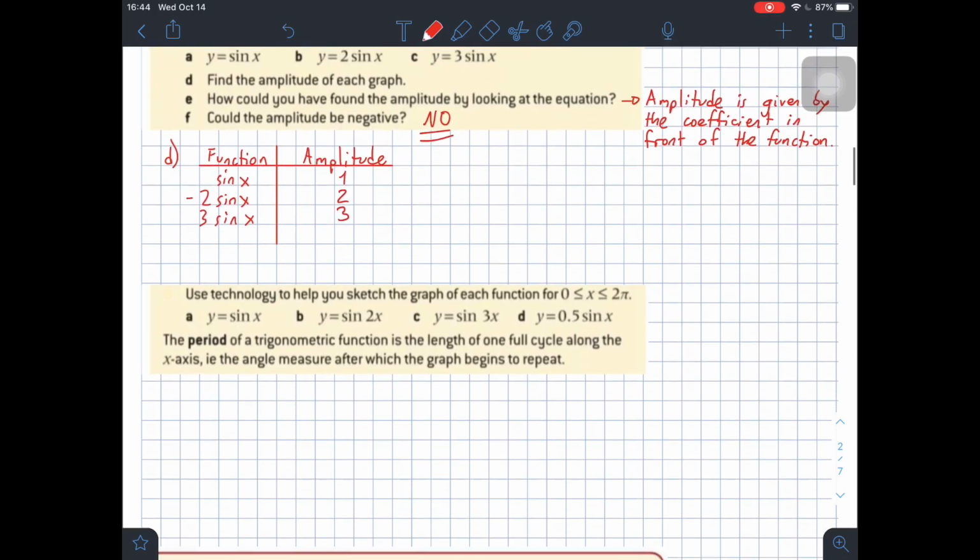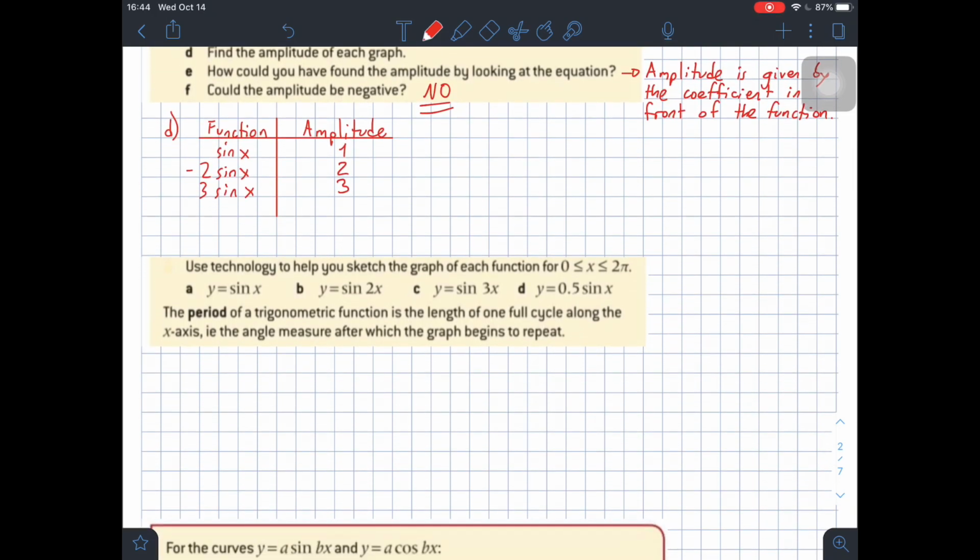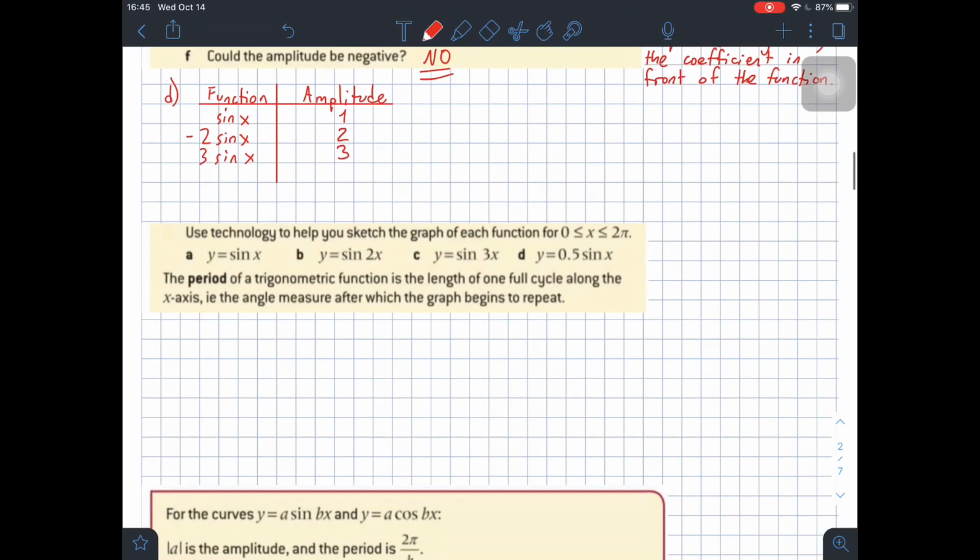Then for the second part of the investigation, it says, use technology to help you sketch the graph of each function. So now we're going to graph the functions y equals sine of x, sine of 2x, sine of 3x, and 0.5 sine of x. We're going to see the differences here to see what happens. Now we're adding the numbers inside with the x, right?